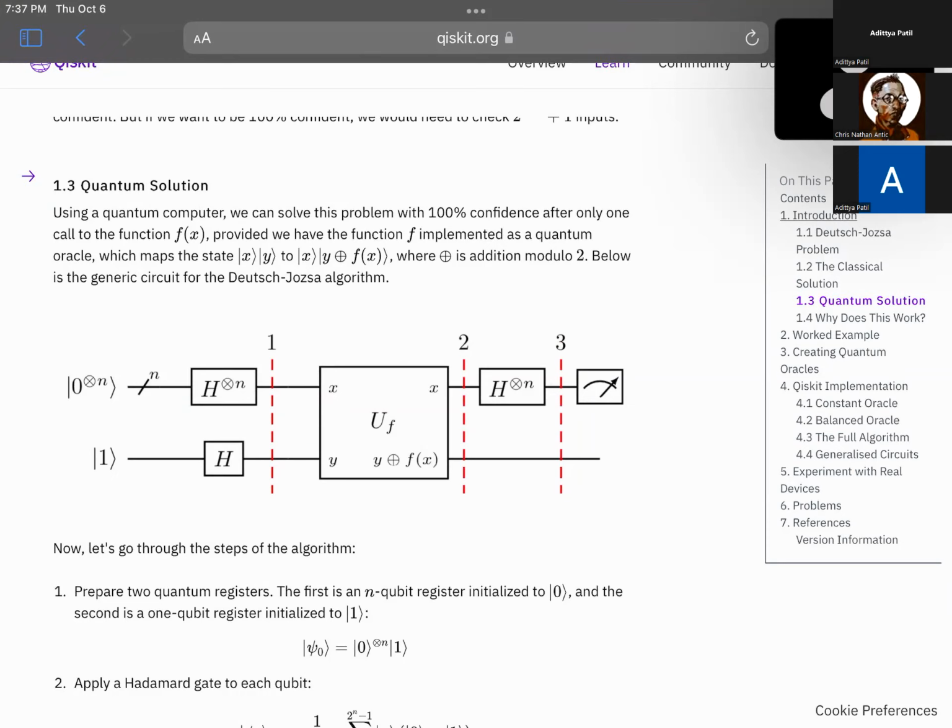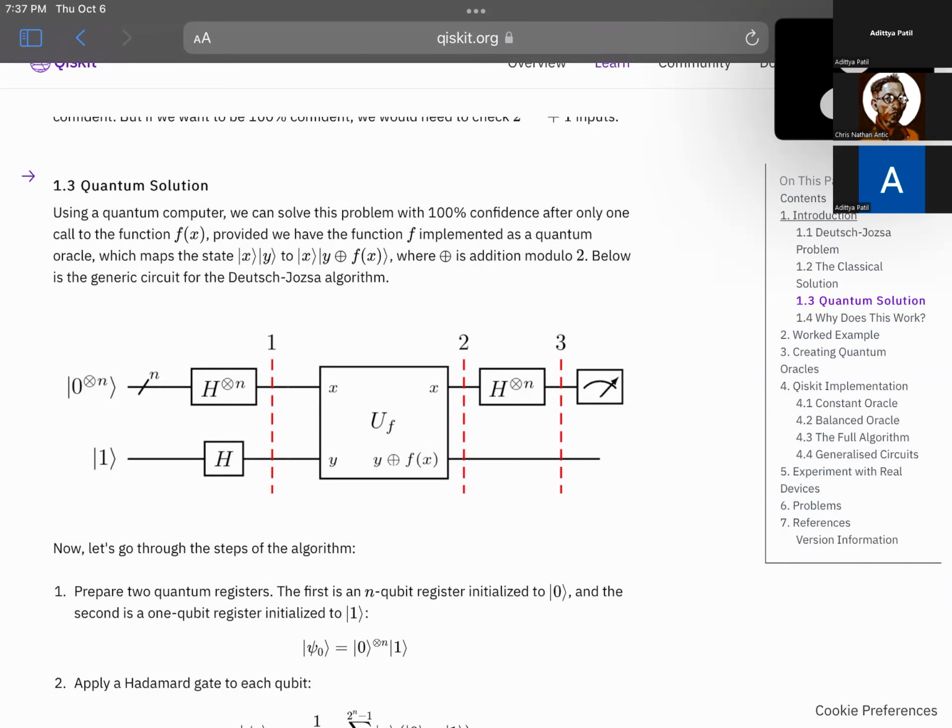Anyway, let's go over the quantum solution. Using a quantum computer, we can solve this problem with 100% confidence after only one call to this function, provided we have the function f implemented as a quantum oracle. In this case, we're using a unitary matrix which maps the state x ket, y ket, and I know it's written without a tensor symbol up there, but you can put a tensor between them and it means the same thing, to x ket tensor y modulo f of x.